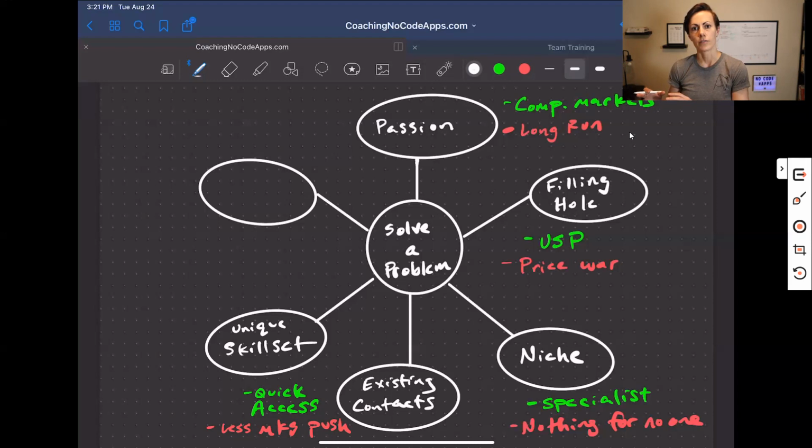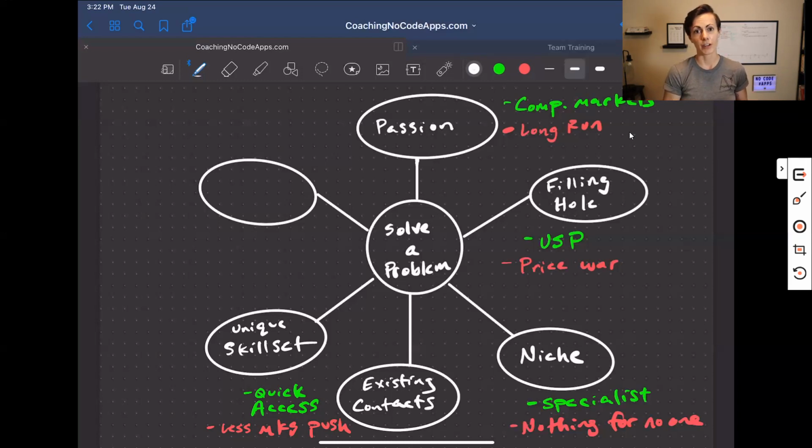But it goes outside of that too, the unique skill sets being an advantage for you, or an early traction indicator. Because if you have anything else that could correlate with building and launching an app, any other experience, for example, let's say you do have some sort of marketing experience. Well, by default, that side of launching your app is already going to be a little bit easier. Maybe you have sales experience.